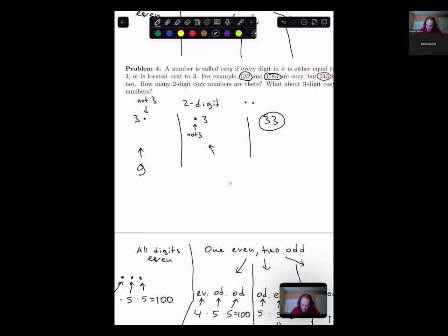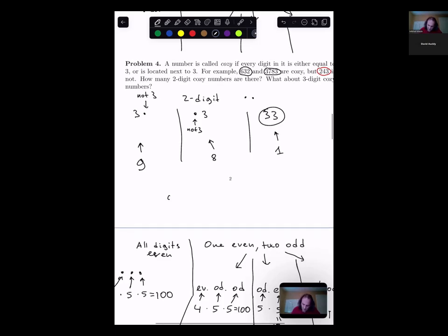How many options in the second case? This digit cannot be 3, and it cannot be 0, right? So it cannot start from 0. So there are 8 options there. And this one is just one number. So we got 9 plus 8 plus 1.